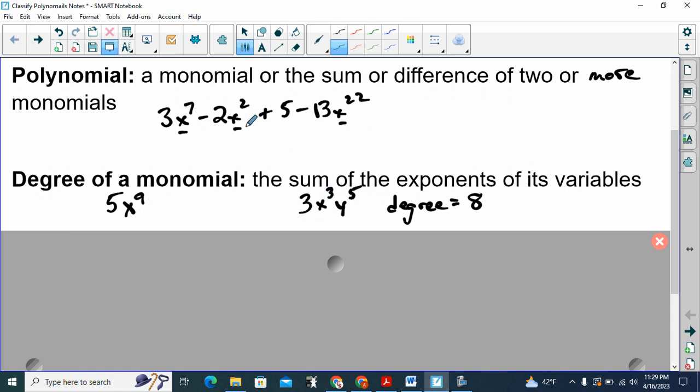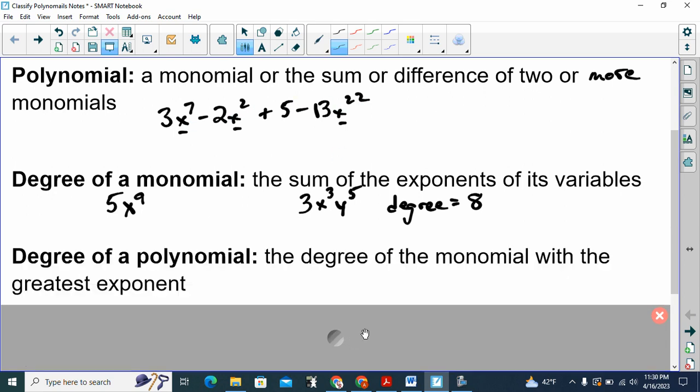The degree of the entire polynomial, which is what you'll be asked for most often, is the biggest degree of all the monomials. So you look at all the monomials, each term in the polynomial, whichever one has the highest degree is called the degree of the entire polynomial.